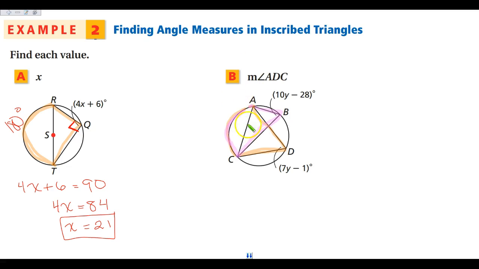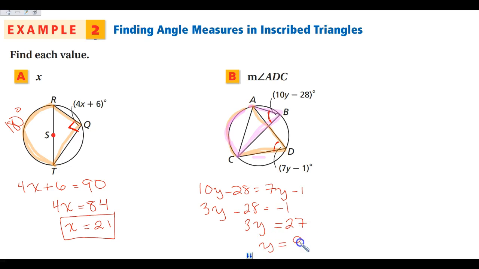Because my pink angle and my orange angle both hit arc AC, I know that these angles are congruent. So I'm going to set 10y minus 28 equal to 7y minus 1. I'm going to subtract 7y from both sides. I'm going to get 3y minus 28 is equal to negative 1. We're going to add 28 to both sides, and I'm going to get that 3y is equal to 27. So y is equal to 9.